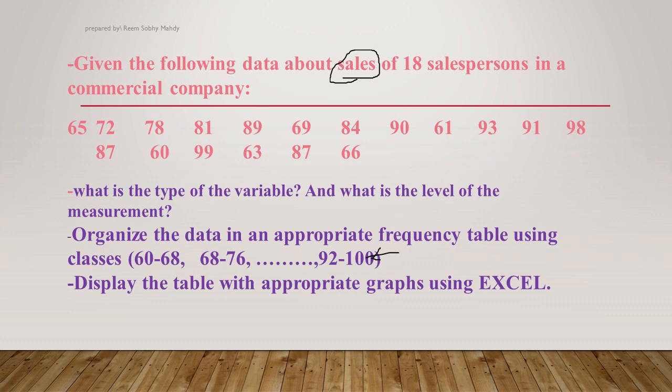Requirement number 2 is to organize these data in an appropriate frequency table. And as these data are continuous data, our table consists of 2 columns, classes and frequencies. The classes should be intervals, and in this example he gives you the intervals of the classes here, and you have to complete these classes till the end.